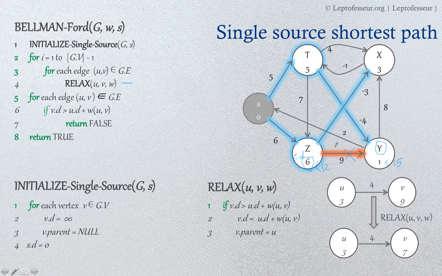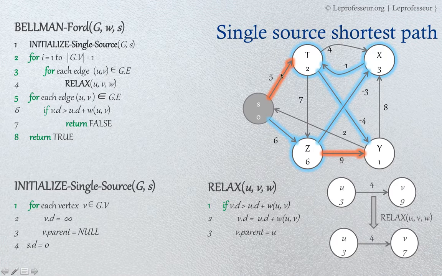Now let's say the next vertex is x. We simply relax the edge between x and t, and we get the new value of t dot d equal to 2, and the new parent of t would be x.